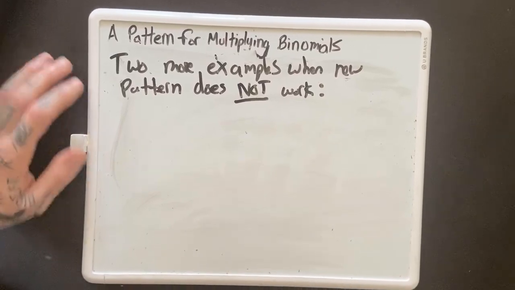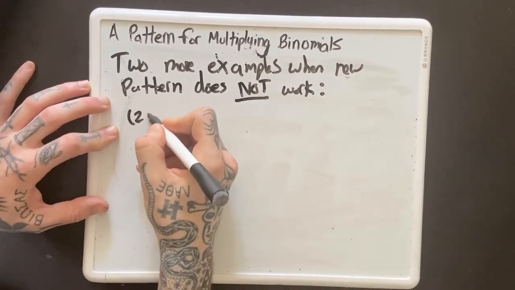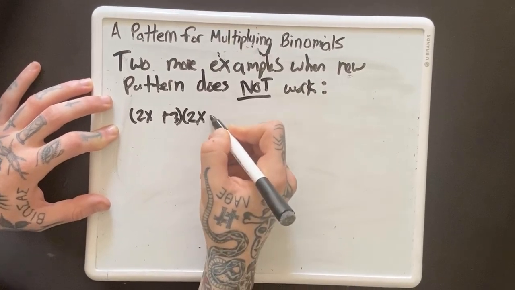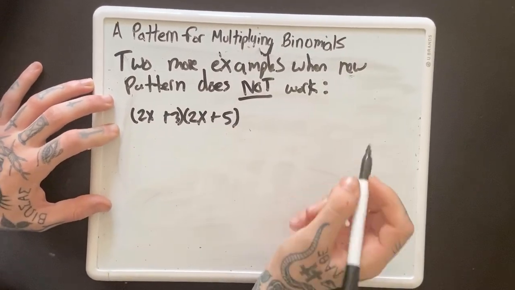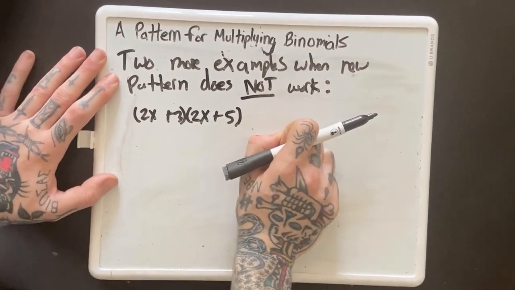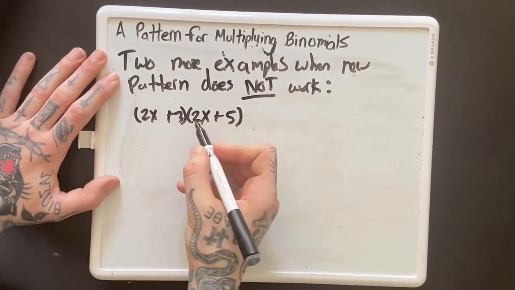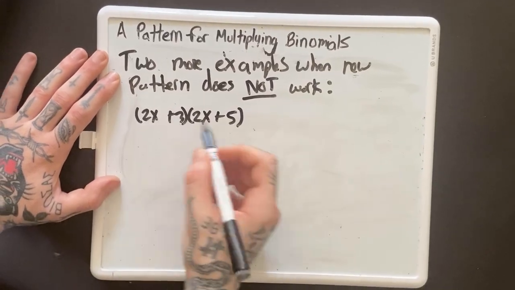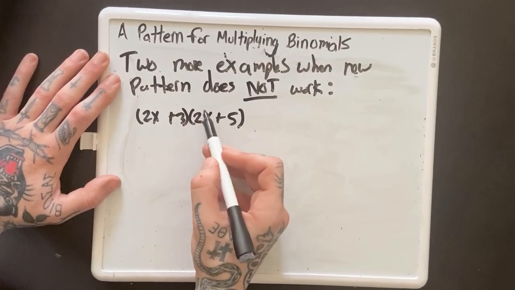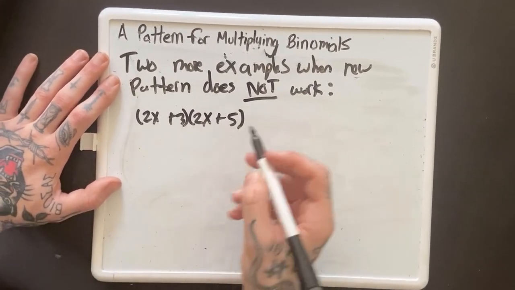Okay, so 2x plus 3, 2x plus 5. So this is the same problem as the previous example. We have numbers on these x terms, okay? We can only use the new pattern when these x terms have no numbers, but we have numbers here.